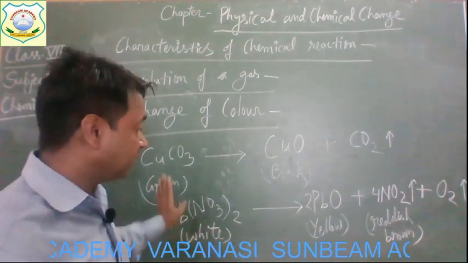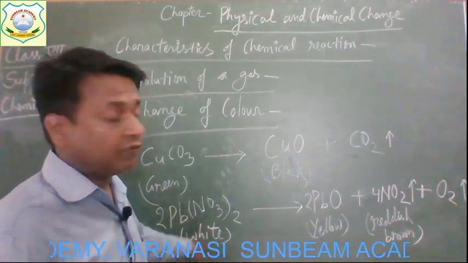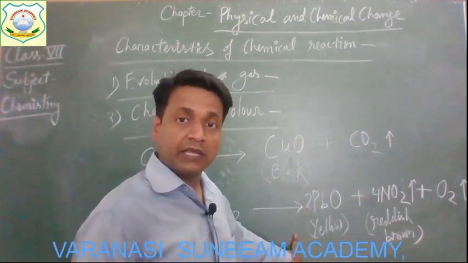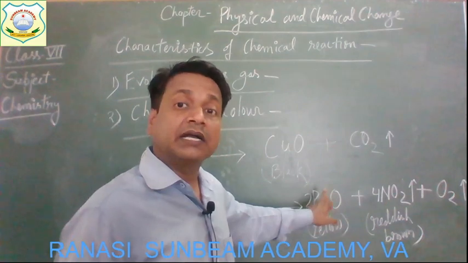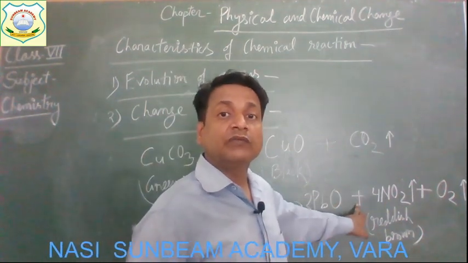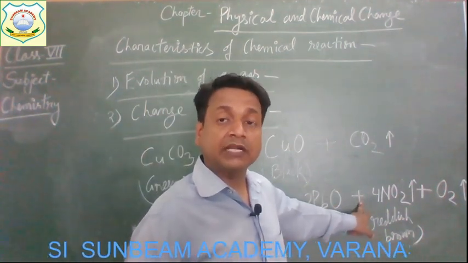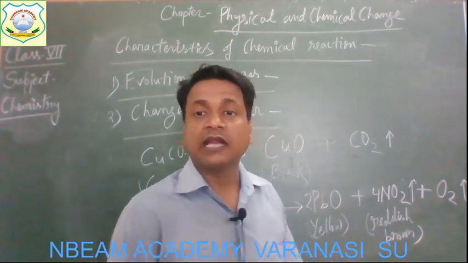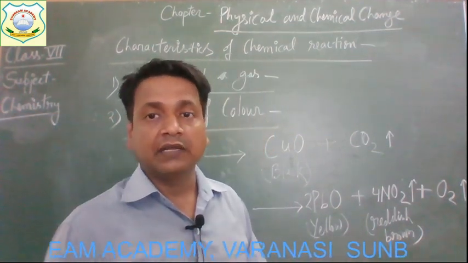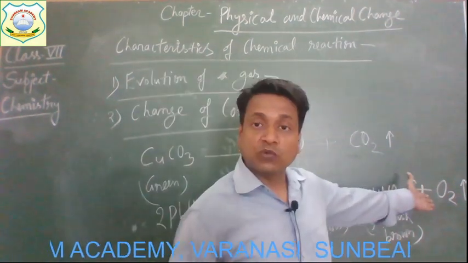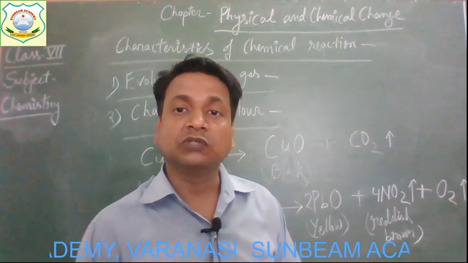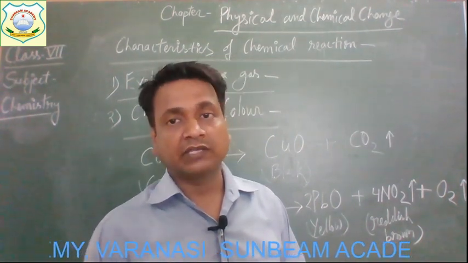The lead nitrate is white, whereas the lead monoxide is yellow. Along with this, a gas also forms which has a different color, reddish brown, and this gas is nitrogen dioxide. Along with that, one more gas, which is colorless, that is oxygen, is produced during this chemical reaction.